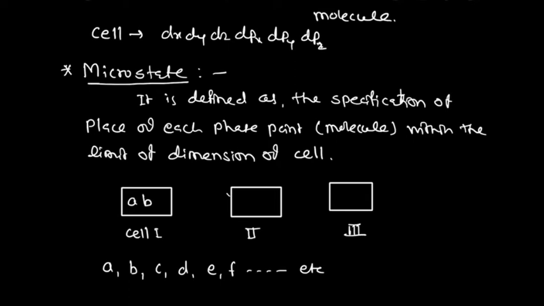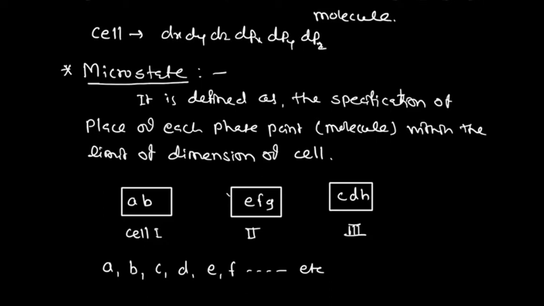Suppose the first cell specifies only 2 molecules or phase points, A, B. Next one is E, F, G. Another cell we call C, D, H. Now these are the microstates. Within cell 1, within that dimension of the cell whose volume is dx, dy, dz, dpx, dpy, dpz, the 2 phase points are placed within that limit.